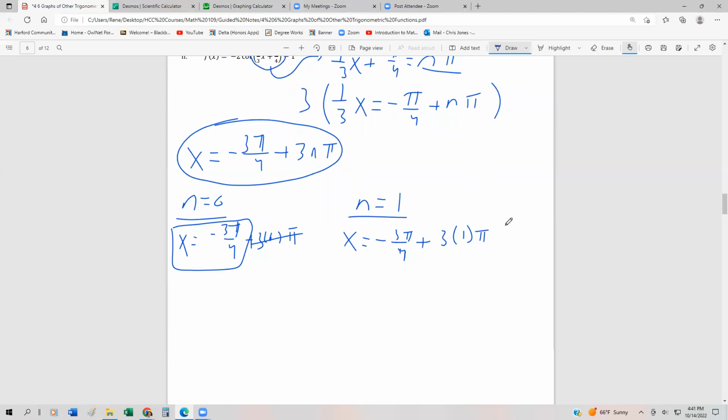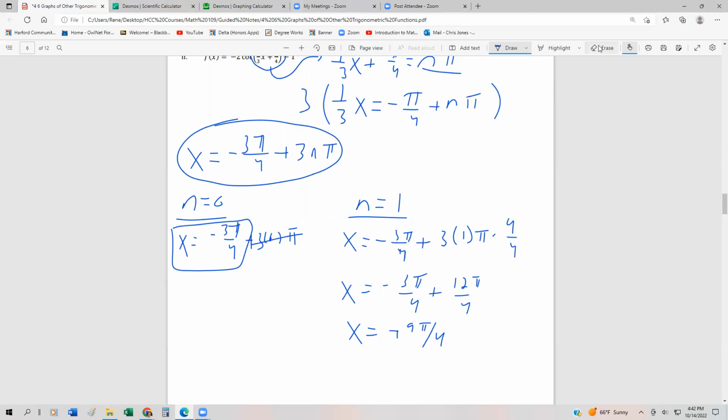Now we're going to get a common denominator of 4, so we multiply and divide by 4. So x is going to be negative 3 pi over 4 plus 12 pi over 4. And 12 minus 3 ultimately gives us positive 9 pi fourths.